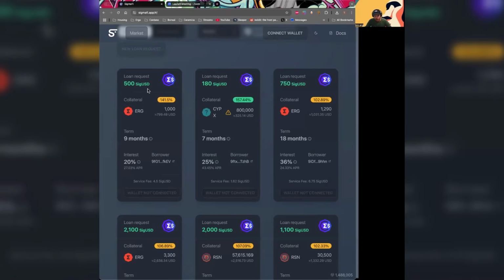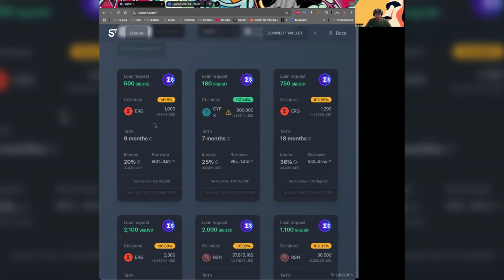Right now, he's going to be able to buy about 600 ERG with that. And this is a bet that in 9 months, that 600 ERG is going to appreciate more than 20%. So he's pretty much saying if ERG is worth $1 or more in 9 months, then he's going to come out ahead, right? So that is a bet. This guy's making a bet.